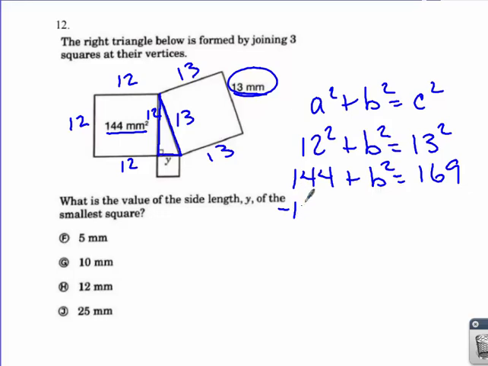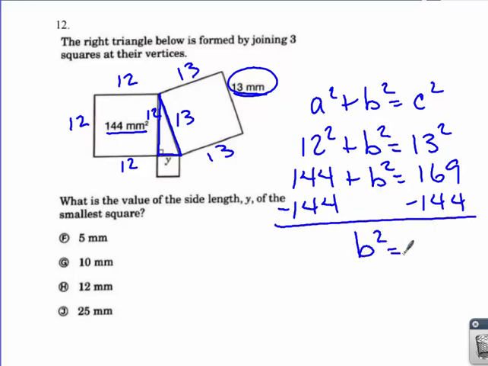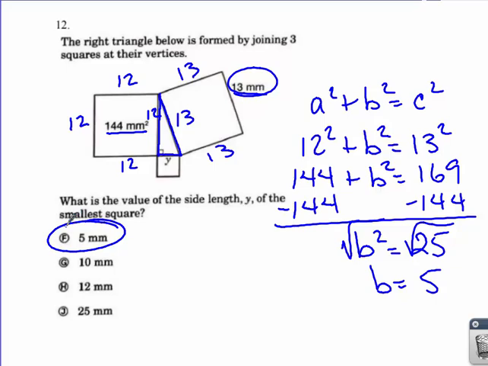You subtract 144 from this side to get the b by itself. And I end up with b squared is equal to, and 169 minus 144 is 25. Now, I don't want b squared, I want b. So I take the square root of b squared and I get b is equal to 5, in this case, millimeters. So the correct answer is F.